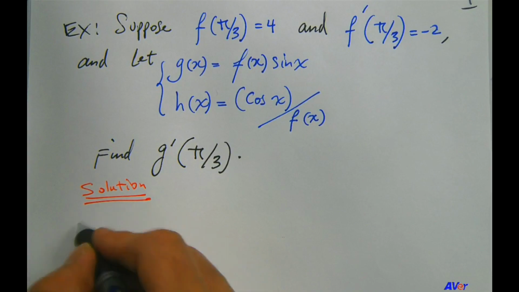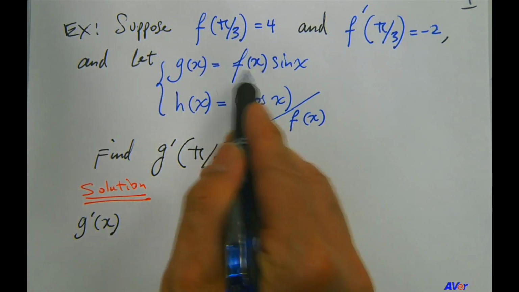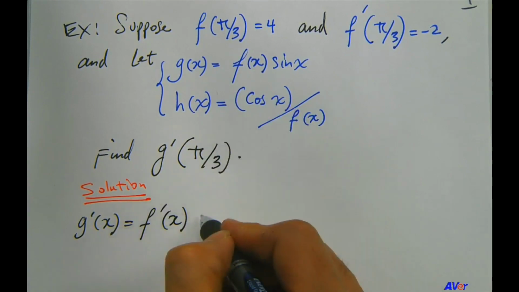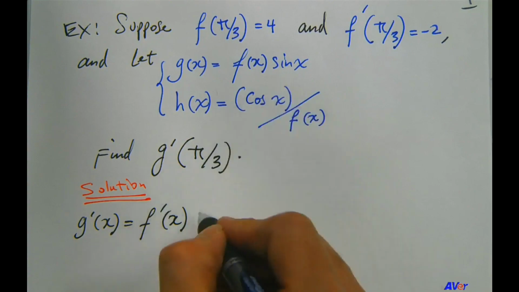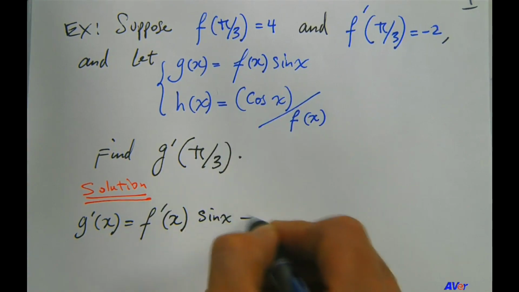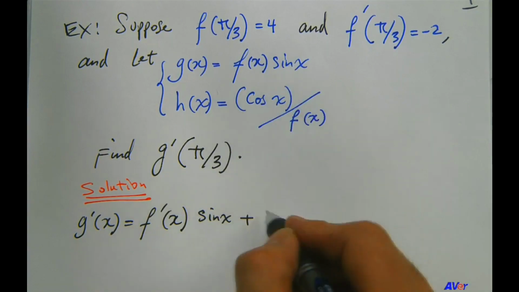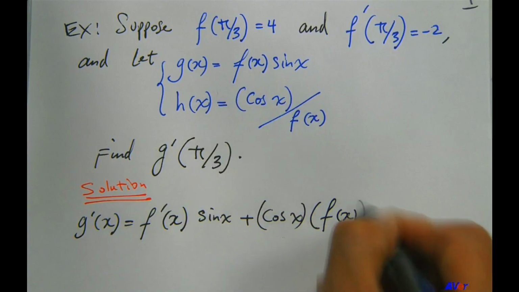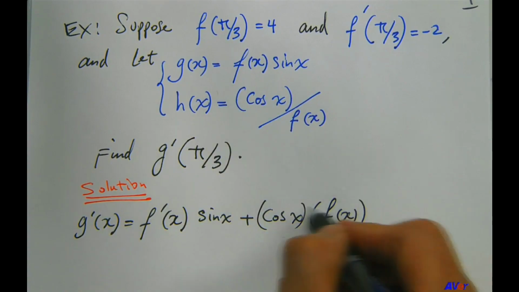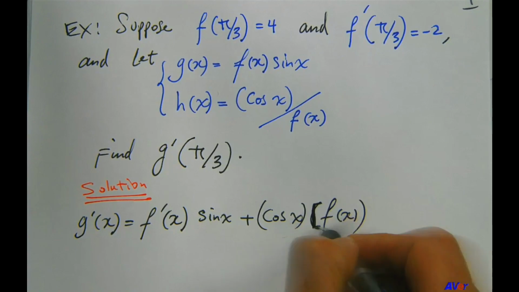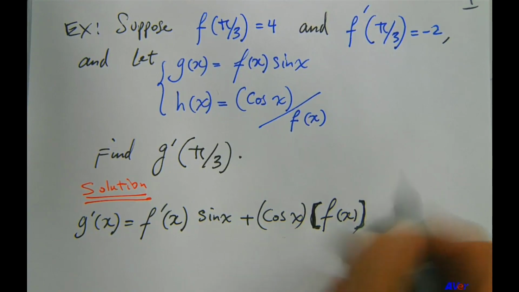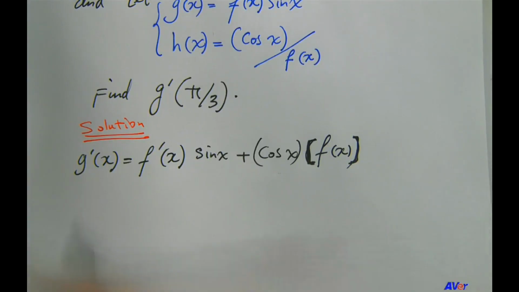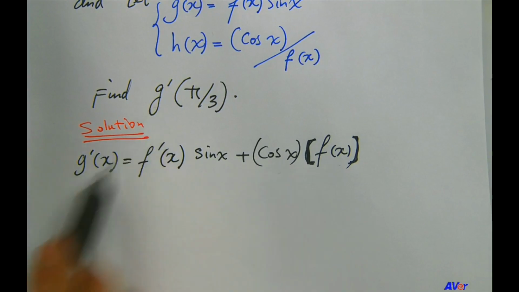So we'll have g prime of x is equal to f prime of x times sine of x plus the derivative of sine of x, which is cosine of x, times f of x. I really didn't need these parentheses, but anyway, they're there. So this is the derivative of function g.